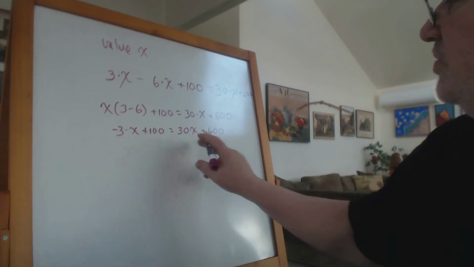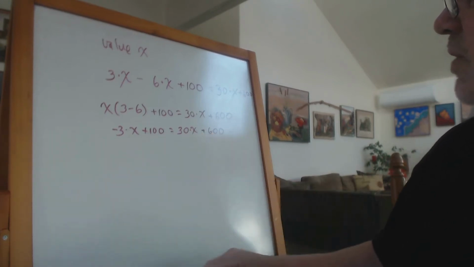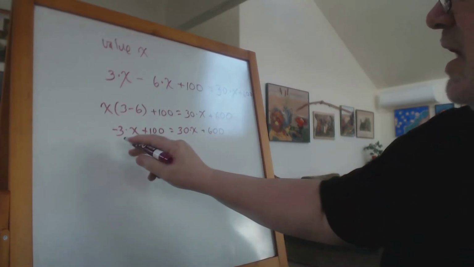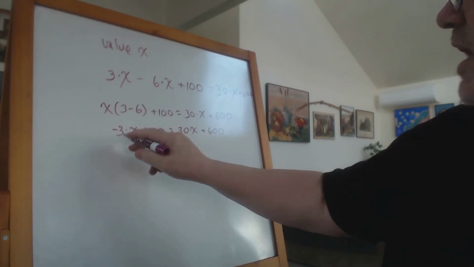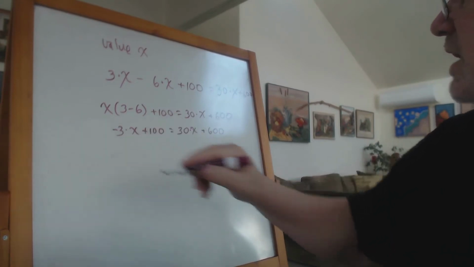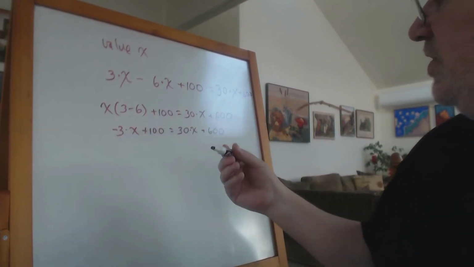And here we have x on two sides. So what do we do to get rid of x on one side? Well, I think if I add 3x to this side, then that cancels that out. But if I do that to that side, I must do it to this side.